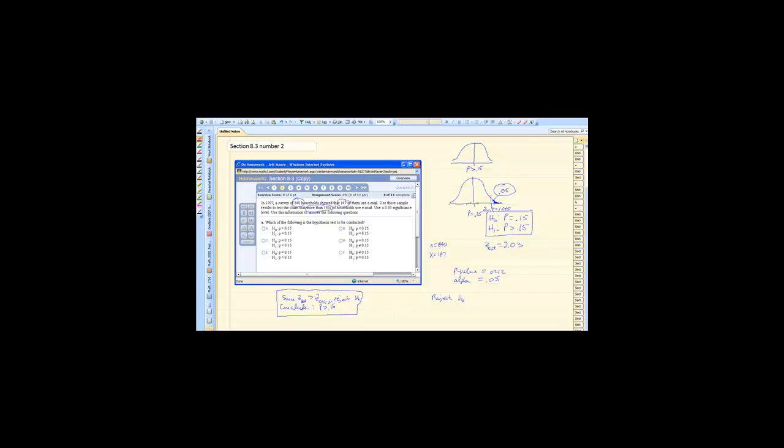So, using the p-value and alpha, we can draw this same conclusion. We can say since the p-value is less than alpha, we should reject the null hypothesis. And once again, that would lead us to the same conclusion.